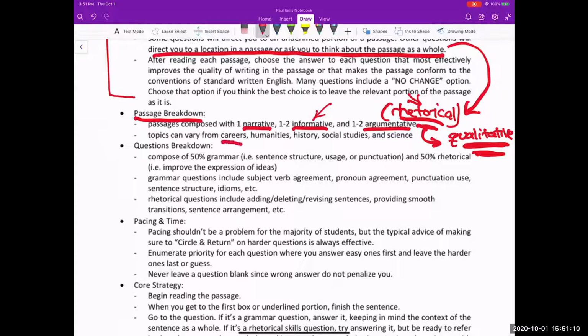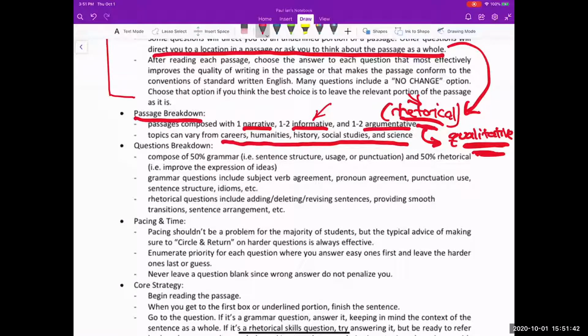Some of these passages will have different types of topics along those narrative, informative, argumentative genres. And for me, when I read something, sometimes I gravitate towards one or two rather than the other. Maybe I understand the informative and argumentative better, more science and careers, maybe not history.